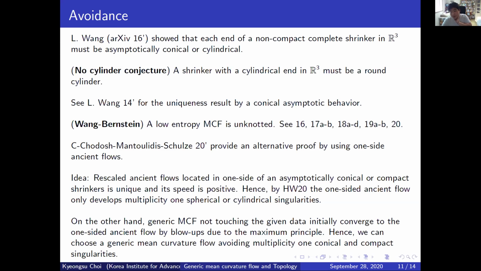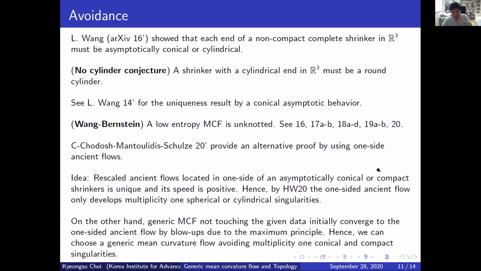And then myself and Chodosh, Mantoulidis, and Schulze provide an alternative proof for their theory by using ancient flow. That is the main difference from the previous argument.